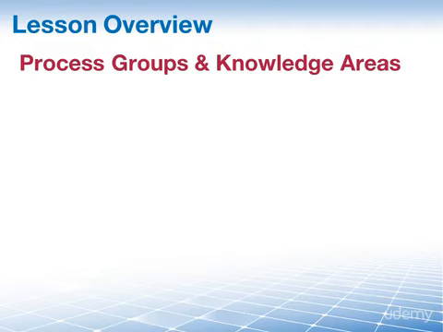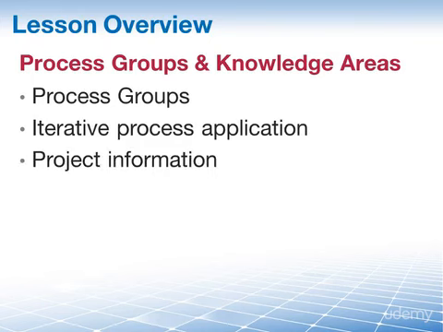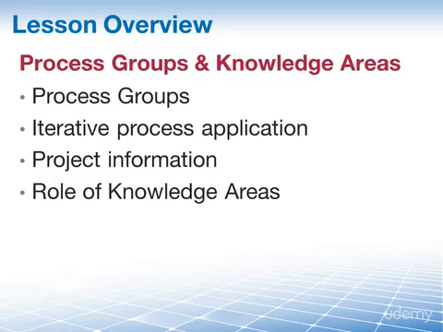So, in this lesson, we'll give you detailed information on the 5 process groups, how each process group is iterative. We'll look at some project information as well. We look at the role of the 10 knowledge areas and the process interactions on all our projects.